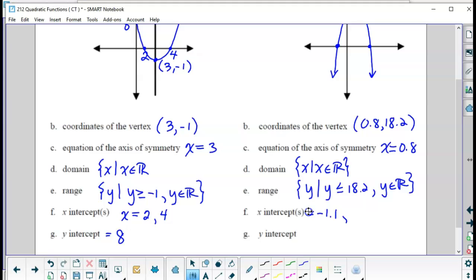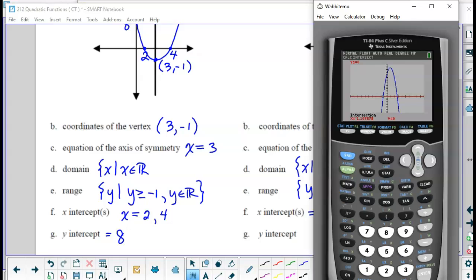And then the other one is going to be equal distance away from the axis of symmetry. If you go trace, if you get closer, I'm going to trace onto my second function there, and get close to it. Now I'm going to go second, trace, intersect, and then enter, enter, enter, and that's 2.7.